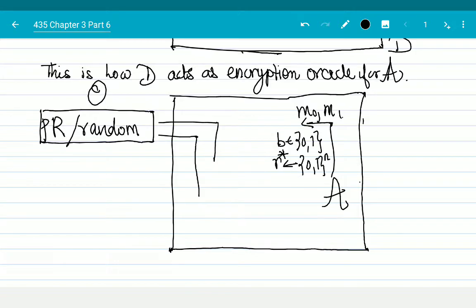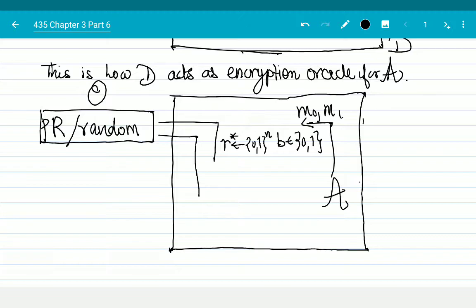It is again chosen uniformly, as a {0,1}^n string.